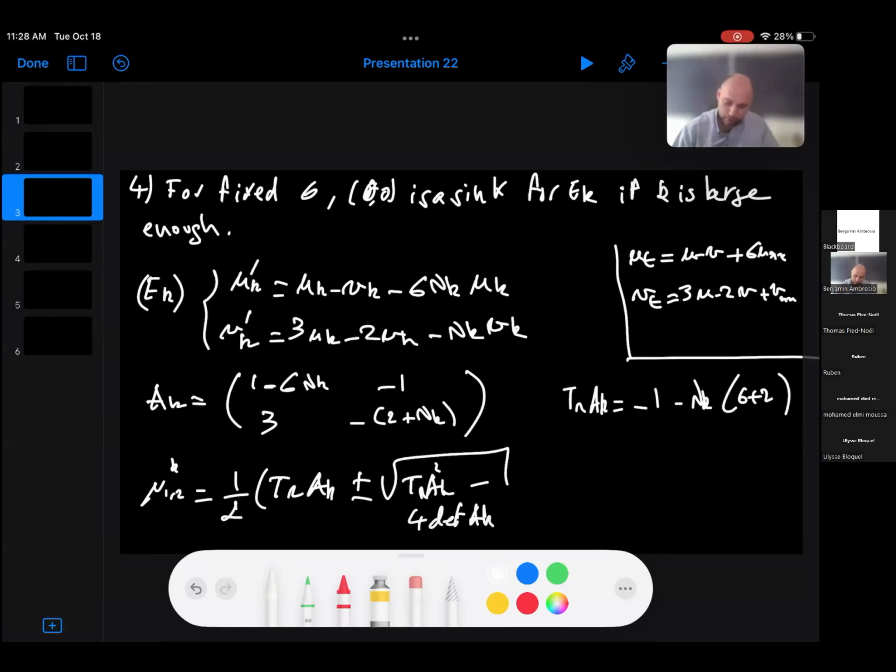As for the determinant of Ak, we can write it in several ways.